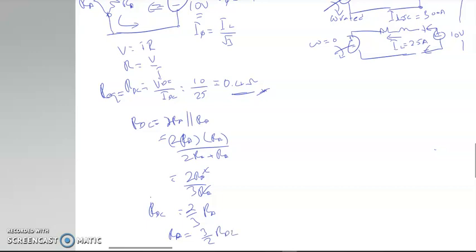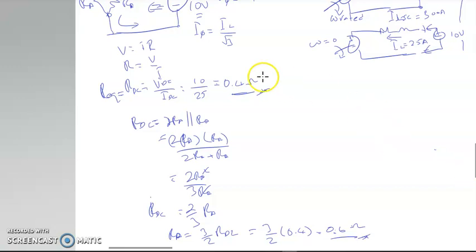Putting in the values, 3 divided by 2 times 0.4, it becomes 0.6 ohm for RA. RA is equal to 0.6 ohm.